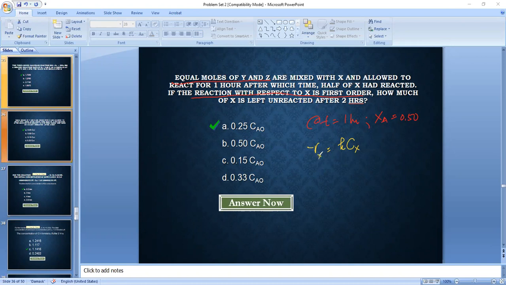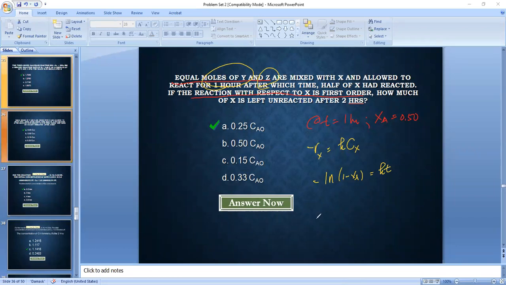Okay. If it's first order with respect to x and we're given conversion, the formula that you will use is a simple negative ln of 1 minus xa equal to kt. This thing about the dimension of the y and the z does not have anything to do with the manner you write the rate law.